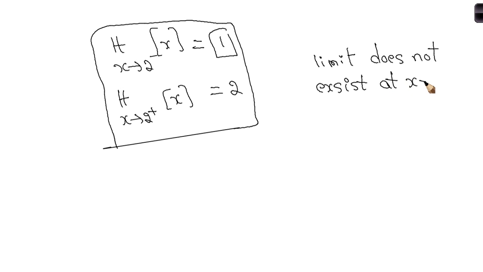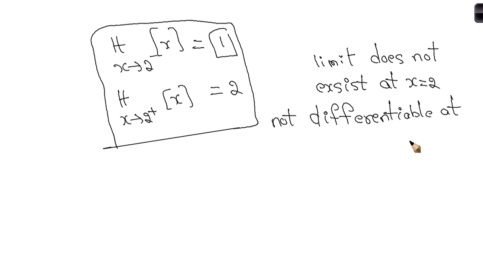Since the limit of this function does not exist at x is equal to 2, I can clearly say that the function is not differentiable at x is equal to 2.